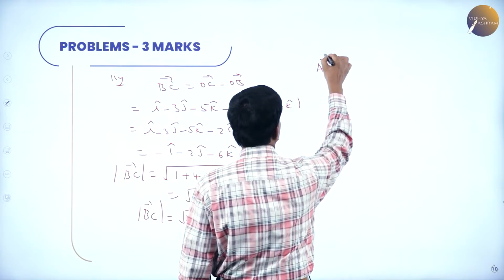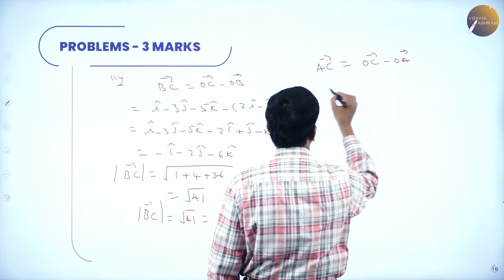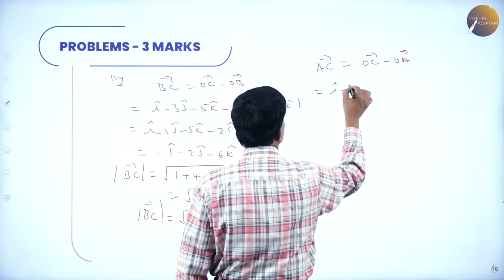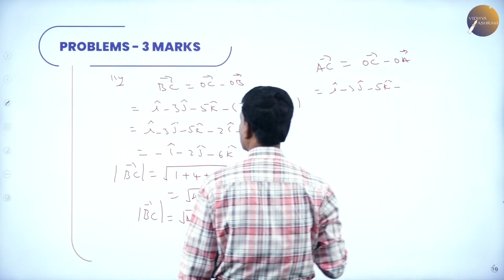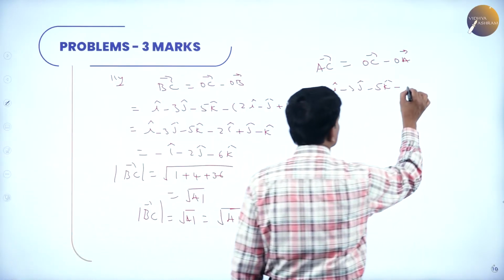Now, vector AC is equal to OC minus OA vector. What is OC? OC itself: i minus 3j minus 5k minus OA vector. OA is 3i minus 4j minus 4k.